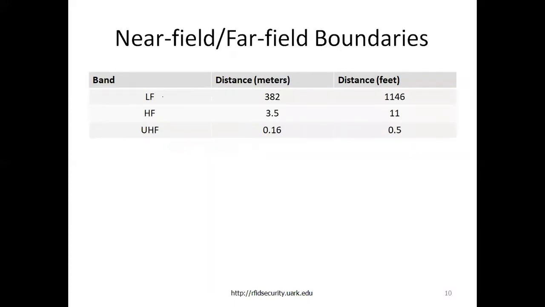If we consider the low band, distance in feet, these conditions can be used for the near field and far field boundary ranges, using the distance between the reader and the tag.